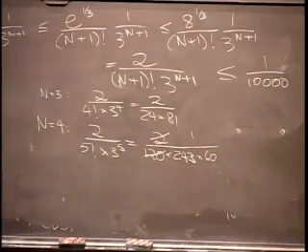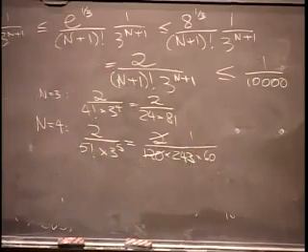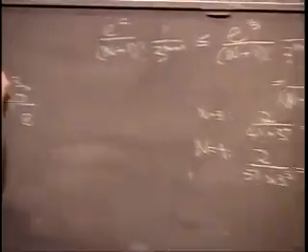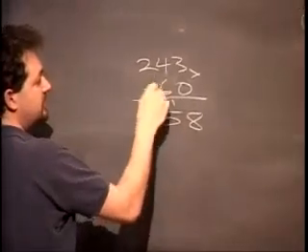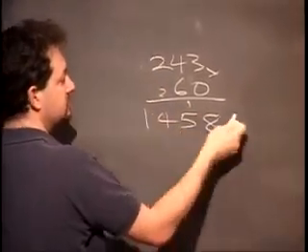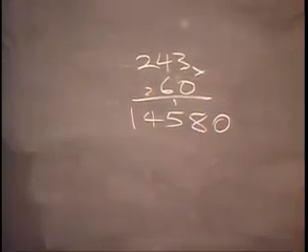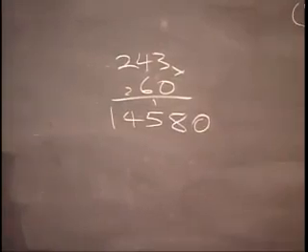Well, let's just work it out. I don't have a calculator, so... We don't even need to be so precise, but I just want to get an idea. So it's 14,580. I think that's right.